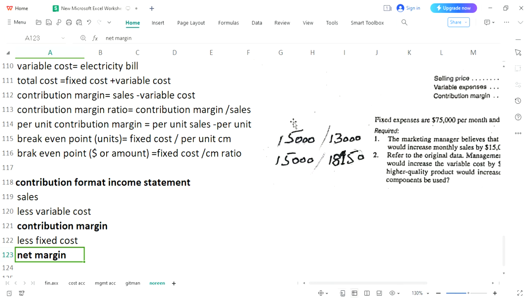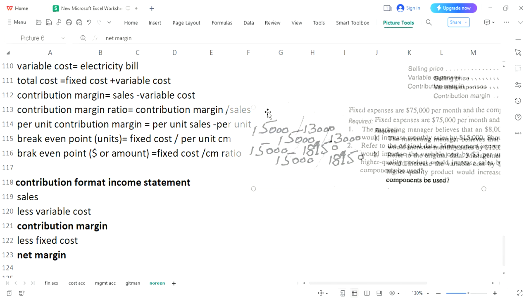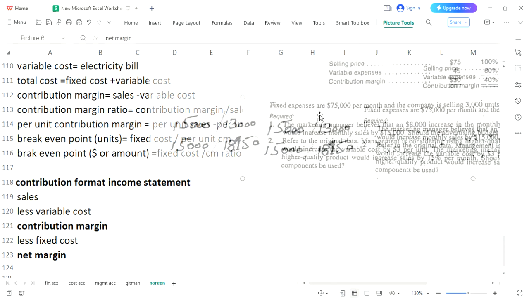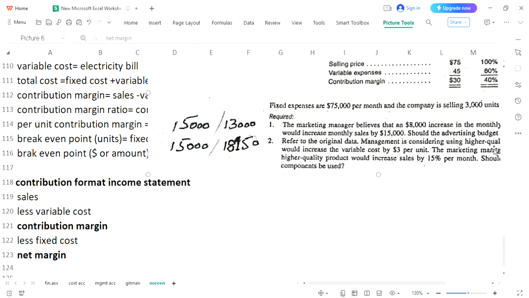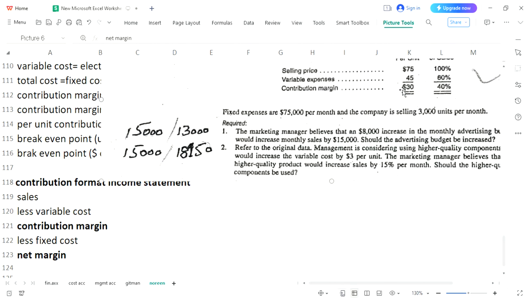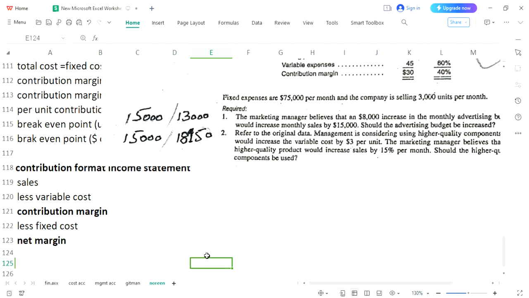Now what else we can do is, let's see our question's way of solving. Selling price is given over here. This is per unit selling price, that is 75. Let's go back a little more downward.